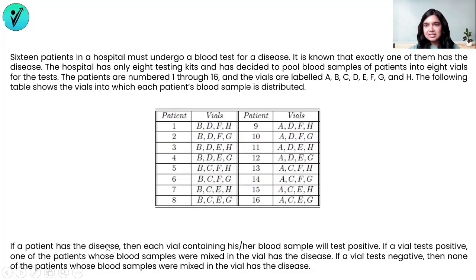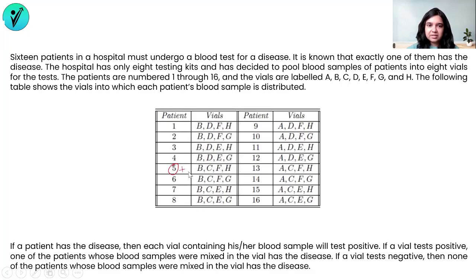If a patient has the disease, then each vial containing his or her blood sample will test positive. So for example, let's try and understand this information. I am considering patient 5 to be a positive person. So patient 5 is that one patient who has the disease.